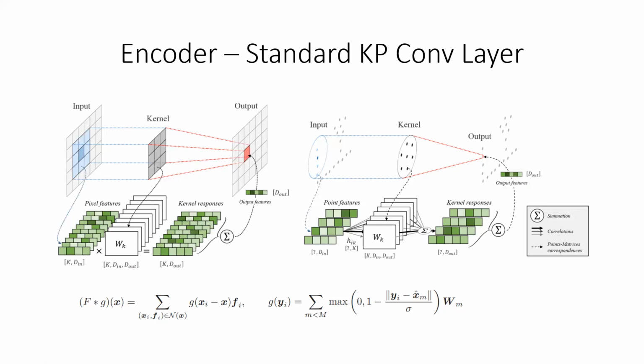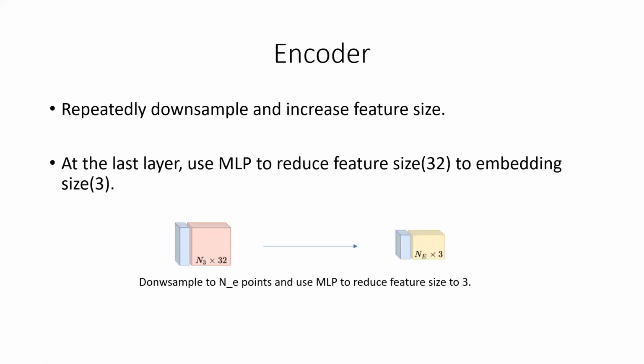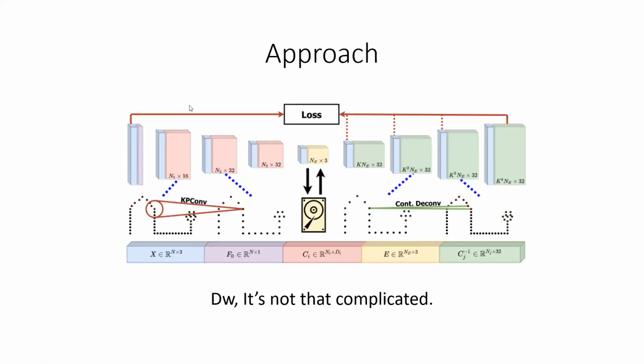So, okay, I'll go ahead. And then you're basically repeatedly downsampling it, increasing the feature size, just like a normal autoencoder structure. And what they do at the last layer, which is here, if you see, N3 is the number of points at this layer, and 32 is the feature size, right?